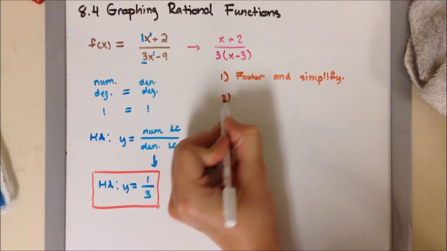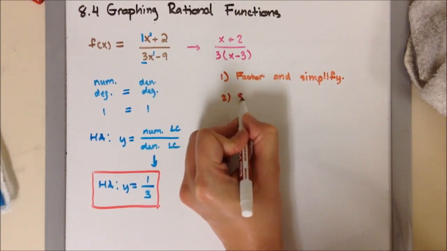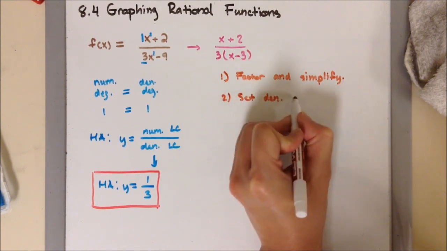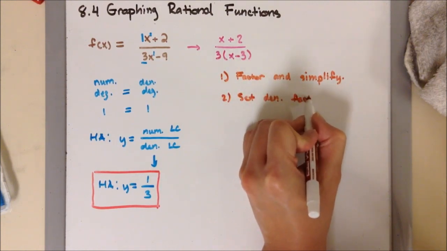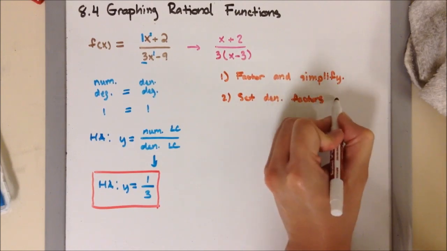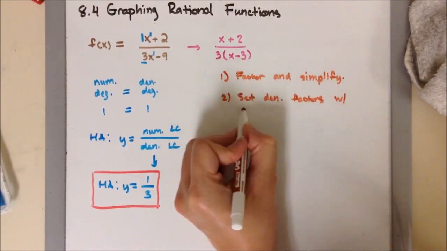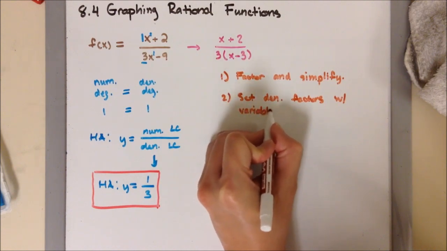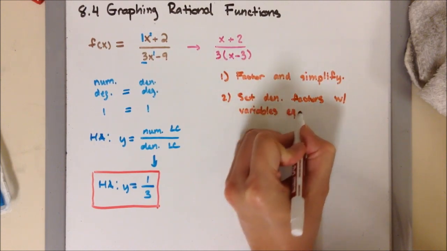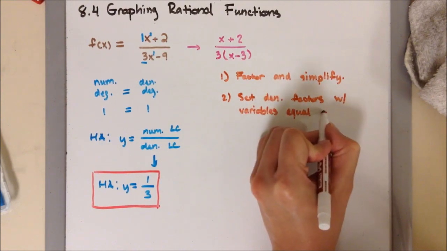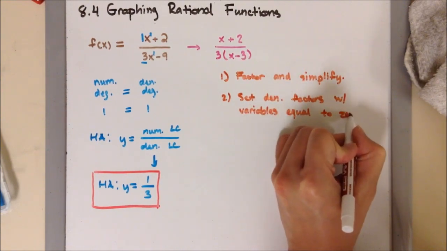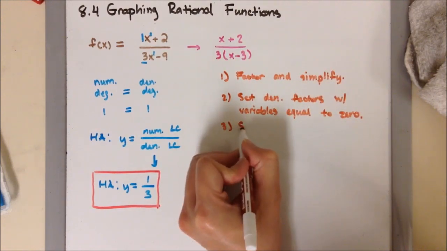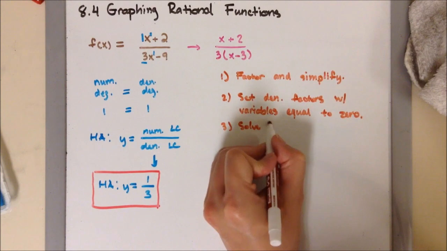Step 2, after you factor, set denominator factors with variables equal to 0, and then step 3, solve for variable.